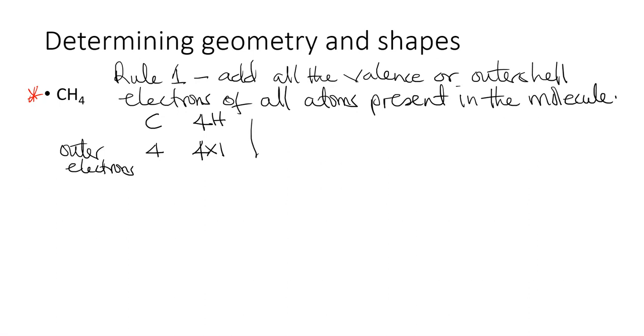Now if you add these, you are going to have 4 plus 4, which is 8. So this molecule has 8 valence electrons. So that's the first rule. Add all the valence or outer shell electrons of all atoms present in the molecule. So we see that methane has 8 valence electrons.